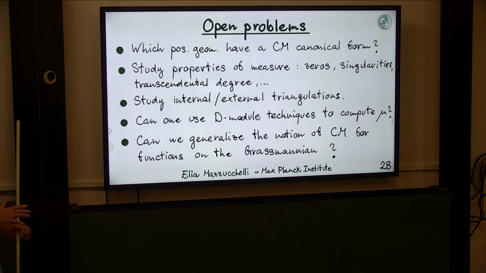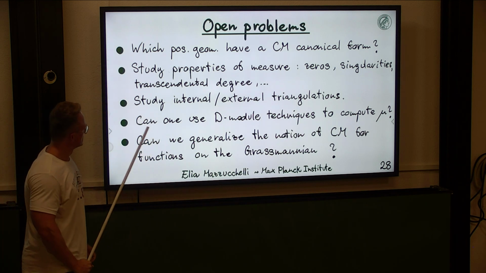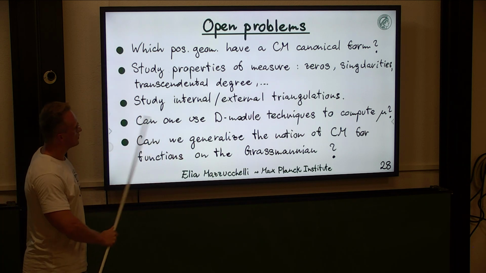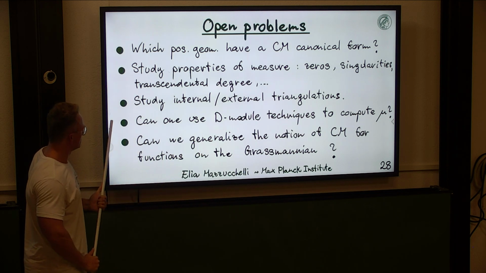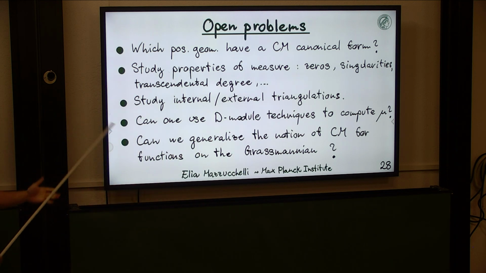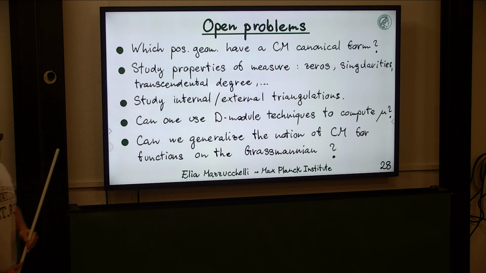If you triangulate the dual, it corresponds to some very weird triangulation, or it's probably not even right to call it a triangulation of the original space. And then, how to compute more generally these measures? Can we connect to D-module techniques? And then very importantly, can we define some notion of complete monotonicity for functions defined on varieties like the Grassmannian?